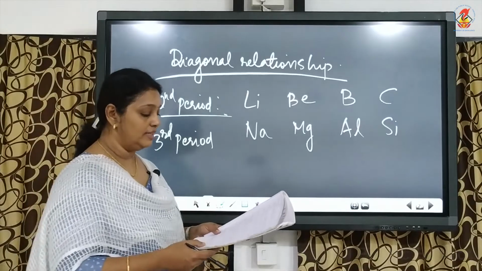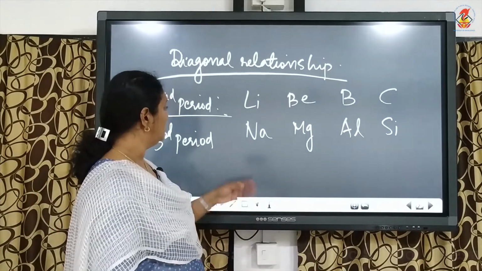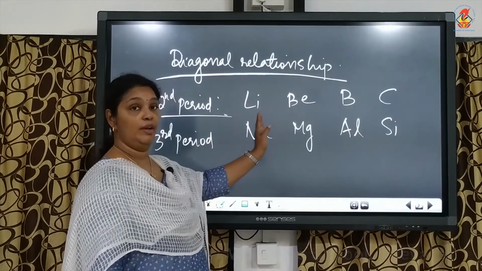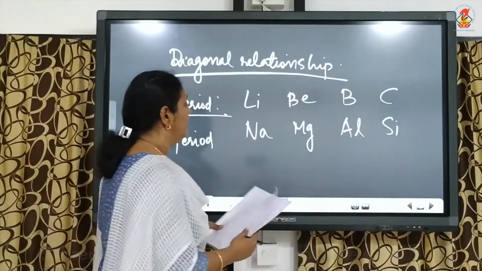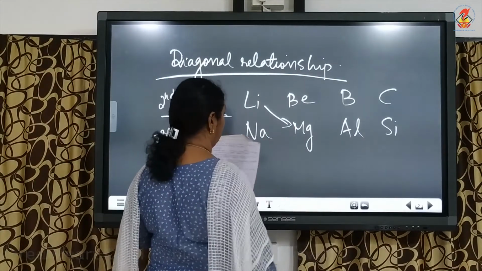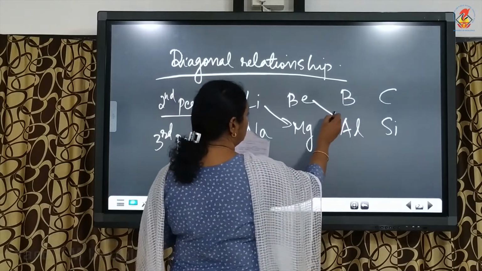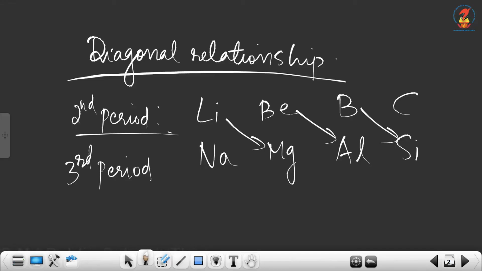We can say that the behavior or properties of lithium are similar to magnesium. Then the properties of beryllium are similar to aluminium and boron is similar to silicon. Now what is the reason for this? The reason is their diagonal relationship, that means similarity.